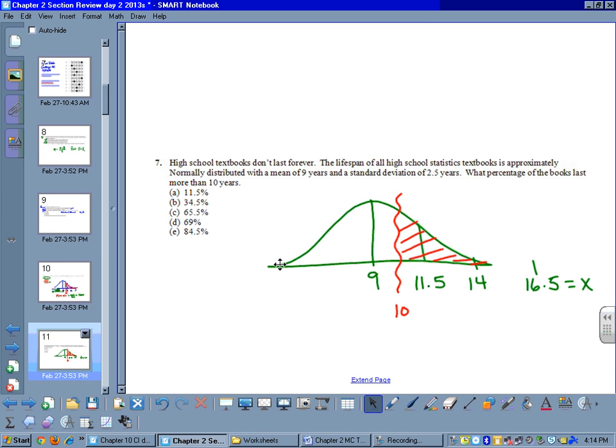My Z score scale would be 0, 1, 2, 3. So I know my X value is 10. I now need to find out what Z value that is. So I'm going to use my formula for a Z score. 10 minus 9 divided by 2.5 is 1 divided by 2.5, and that equals 0.40.